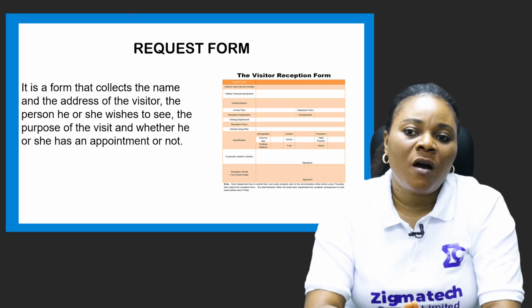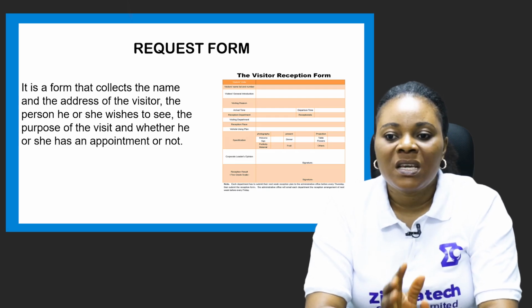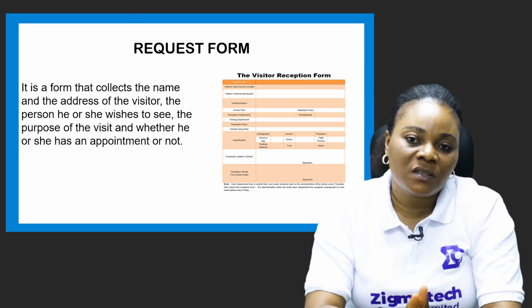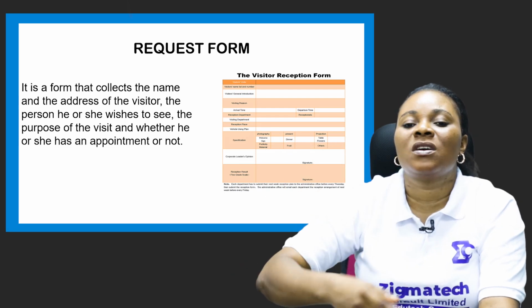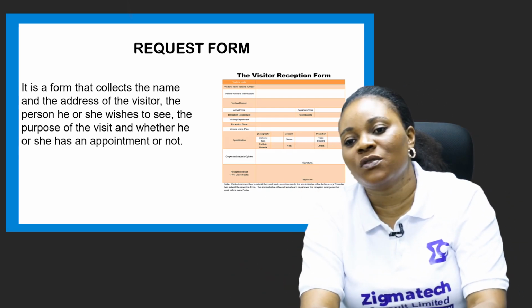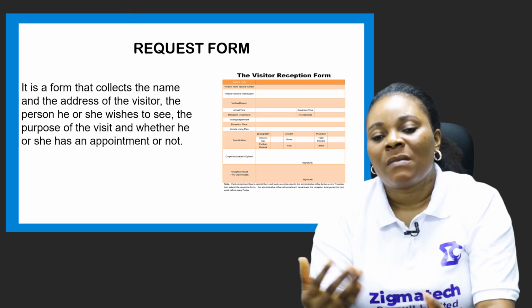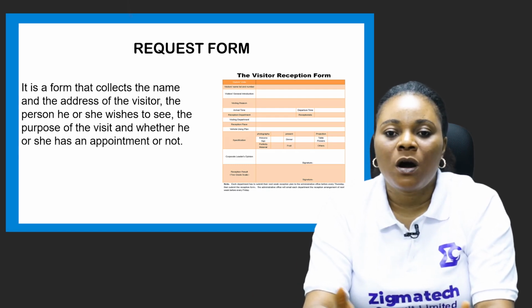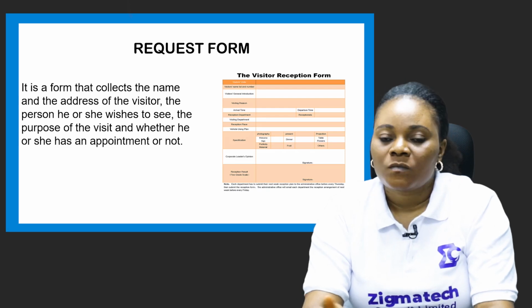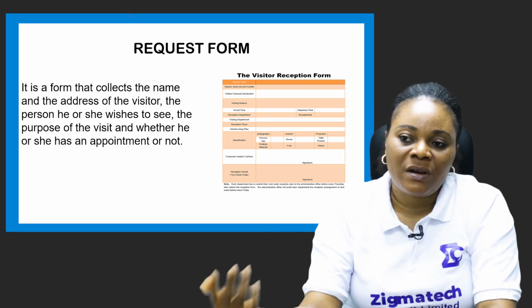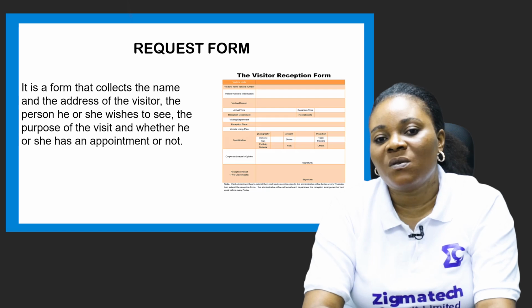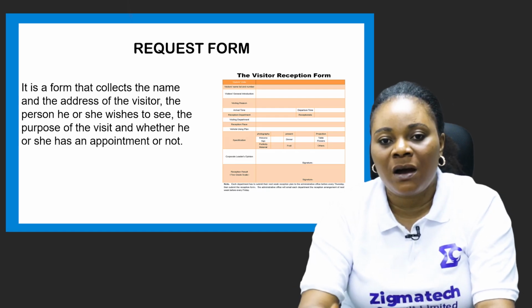Also, you indicate on the request form if the visitor has a prior appointment or not. The essence of this request form is for you to get the details of the visitor and take it to the official he or she wants to see. It is from there that it is noted if the visitor is welcomed or not. If, for example, the director is in the office, it's not just anyone that is allowed to go in and out.